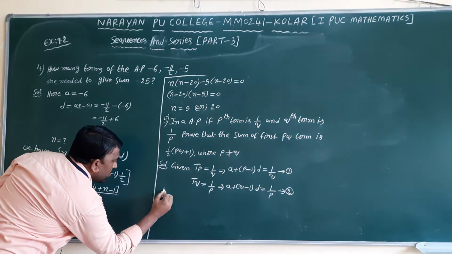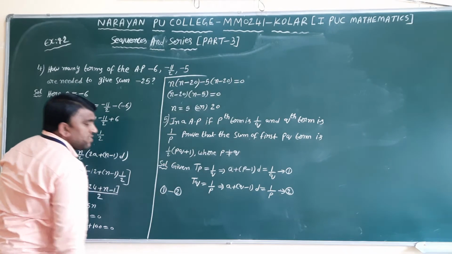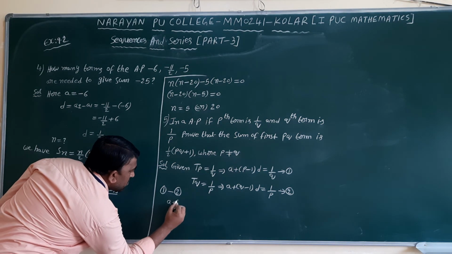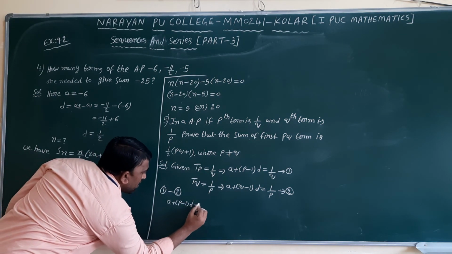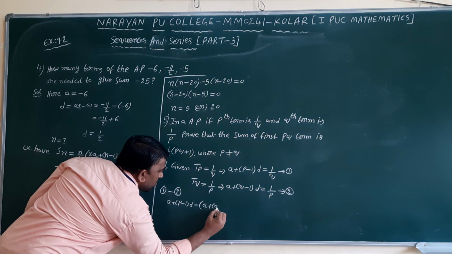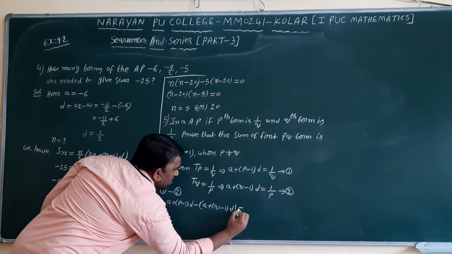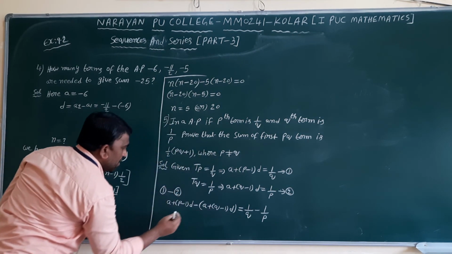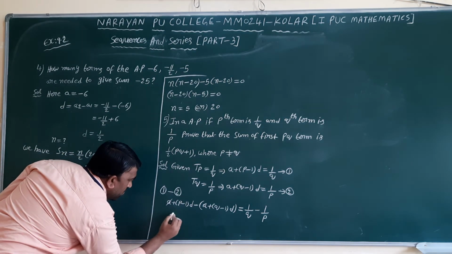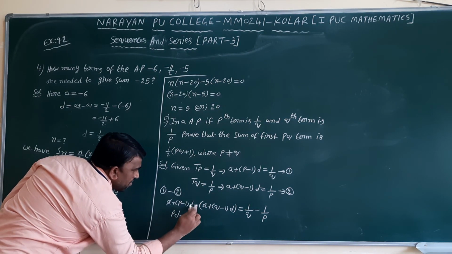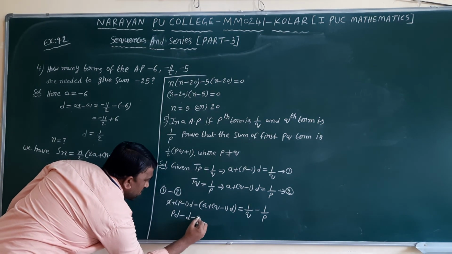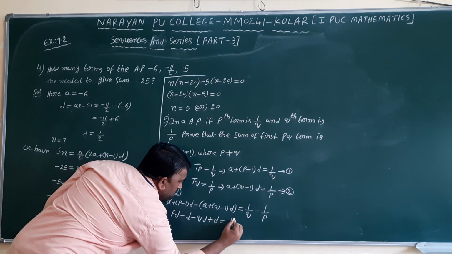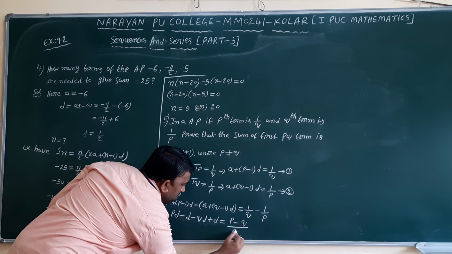Take equations 1 and 2 and subtract: equation 1 minus equation 2. So A plus (P minus 1) into D minus A plus (Q minus 1) into D is equal to, on the right side, 1 by Q minus 1 by P. On the left side A cancels, leaving P into D minus Q into D. On the right, take LCM: (P minus Q) divided by PQ.